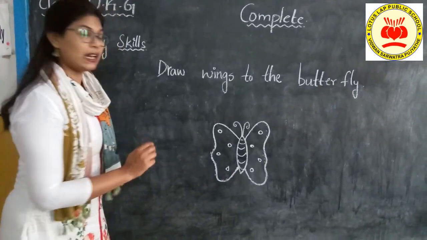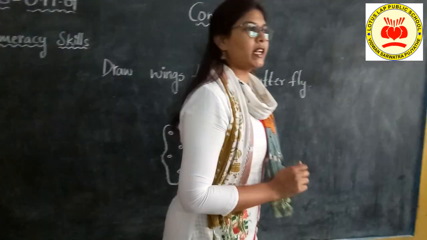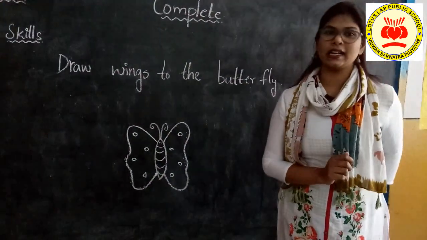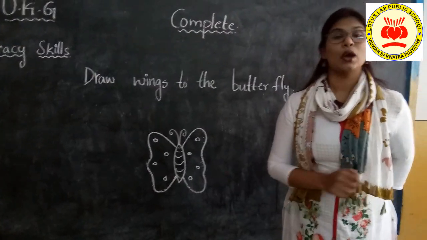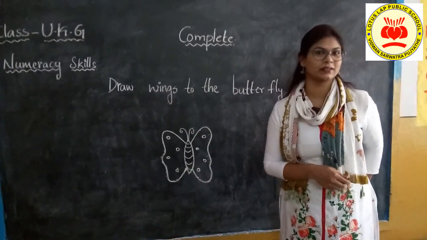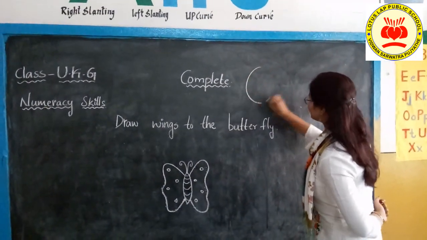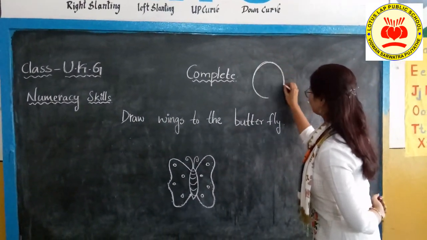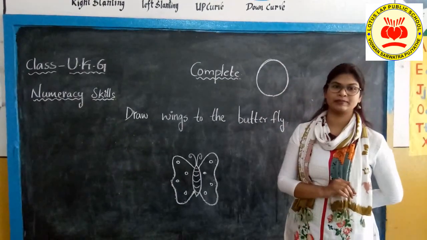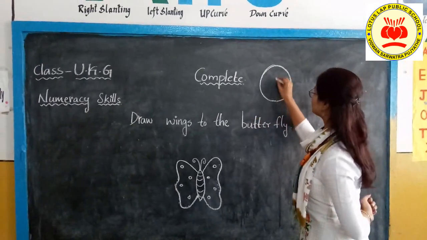Okay. Now let us see. So children, every day you are seeing cars, right? What is the shape of its wheel? It will be round, circle shape, right? How will we draw wheels?